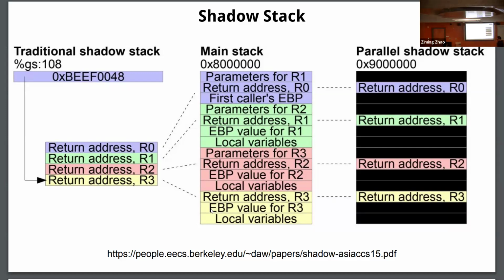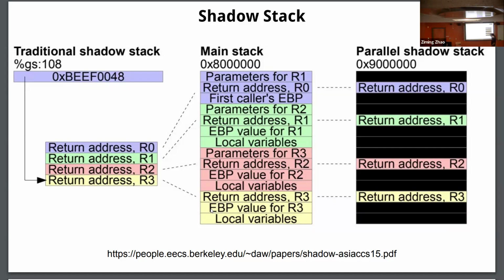There are two popular implementations of shadow stack. One is the traditional one. So you just store the return address and you store them one after another. Okay. So you save a lot of space. Another one is the parallel shadow stack, in which you still only store the return address.